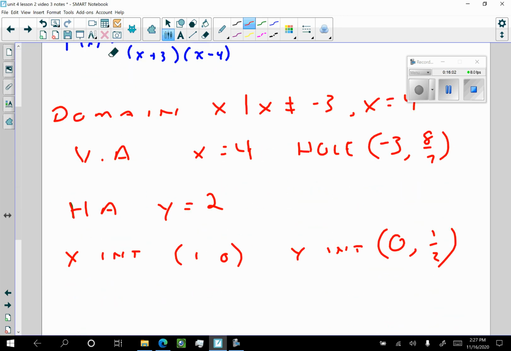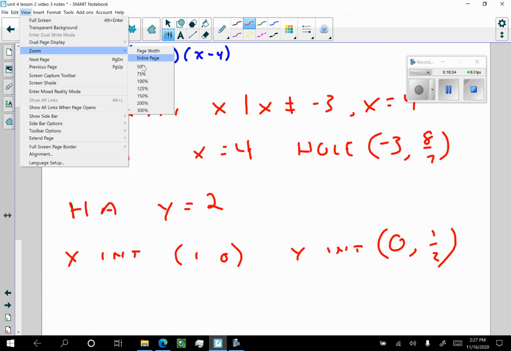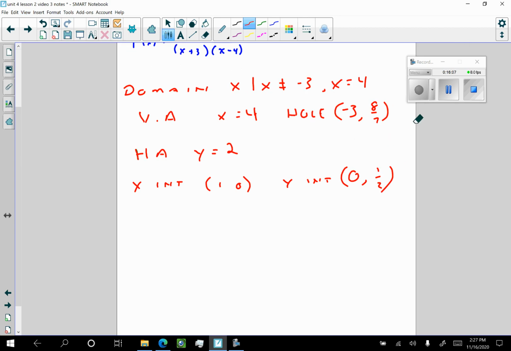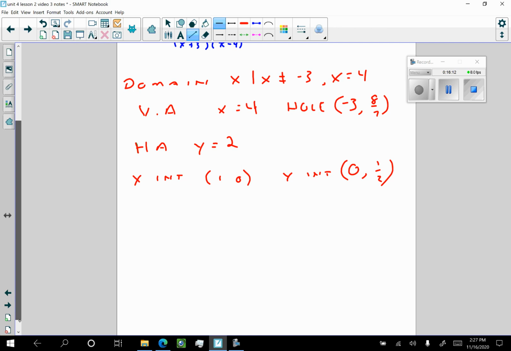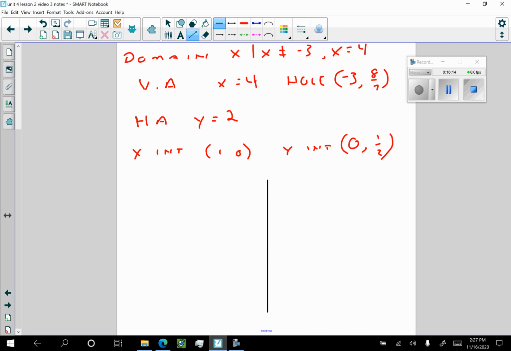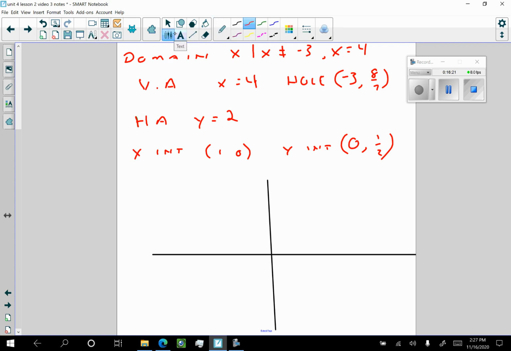Okay. Go to 200%. There you go. So I'm going to put a grid here. I'm going to sketch, the first thing I do, like I always do, is sketch the vertical asymptote at 4. There's a horizontal asymptote.